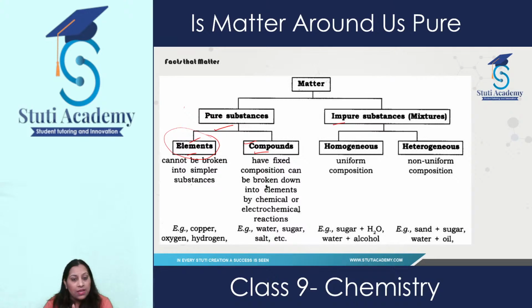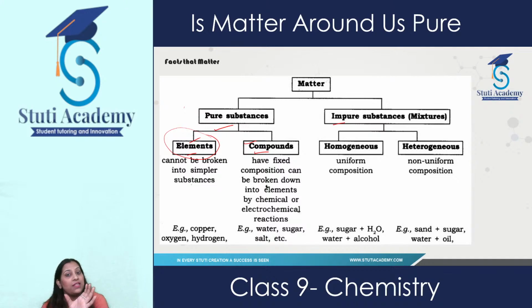So these compounds also come under the category of pure substances. On one side, we are saying pure substances contain only one type of material. But here compounds are made up of two or more elements. Still they come under the category of pure substances. What's the reason? Because whatever substances are present in compounds, they are present in a fixed composition.